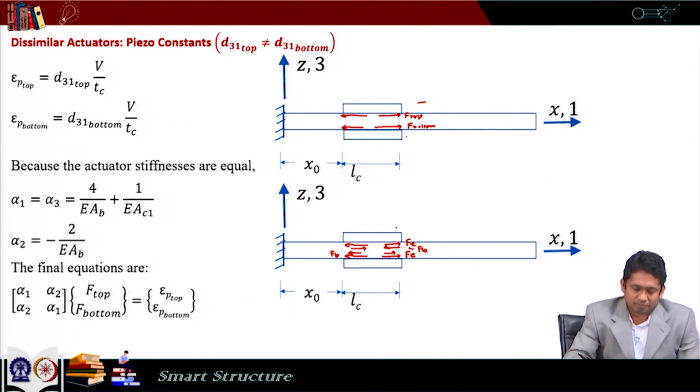So, we can follow the same approach, and again we can apply the compatibility condition here, that the elongation is the same for the top surface of the beam and the top piezo, and also the bottom surface of the beam and the bottom piezo, and that will give us two equations.